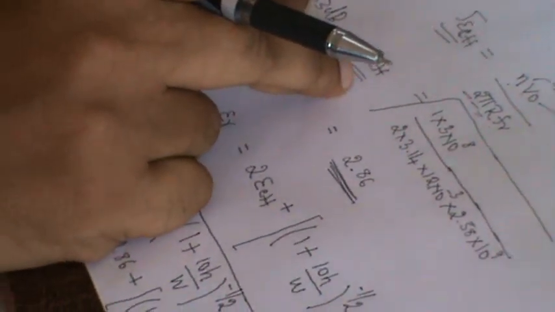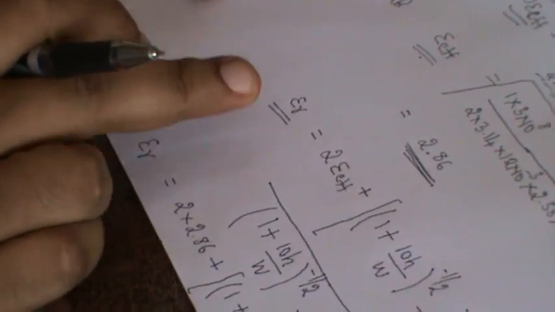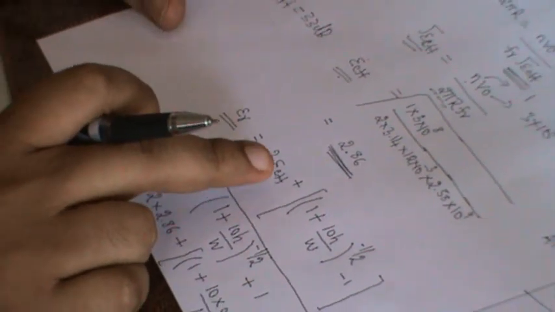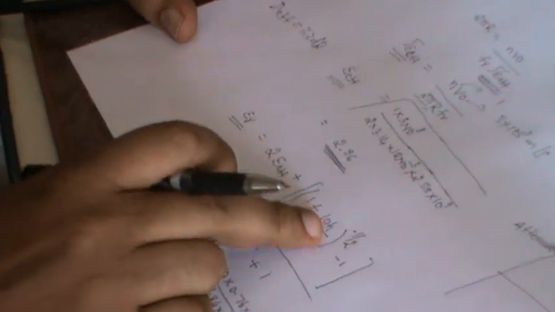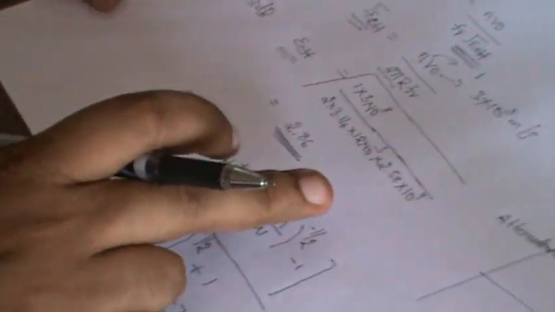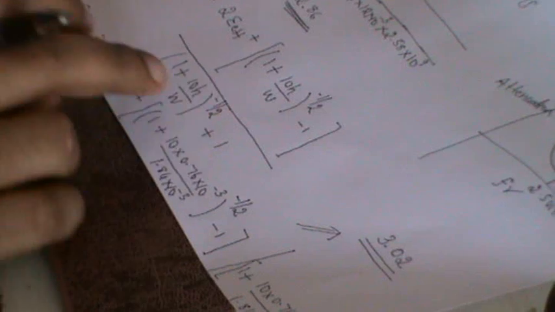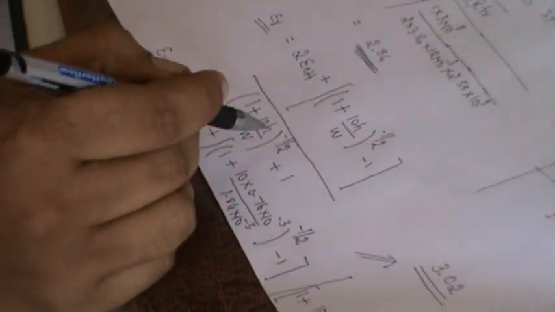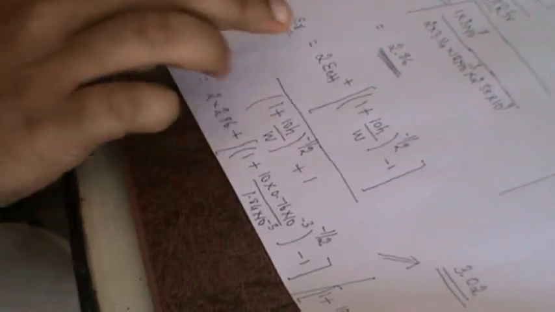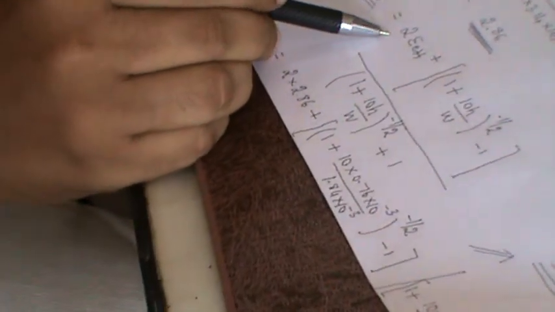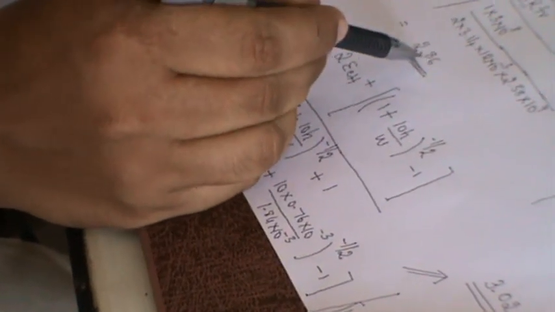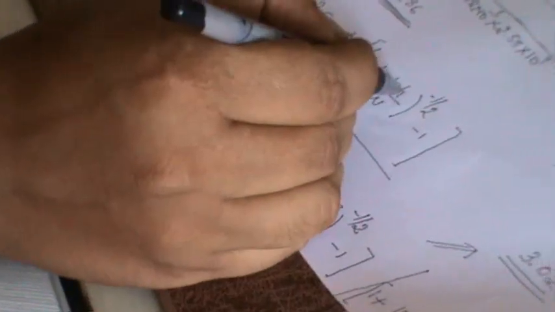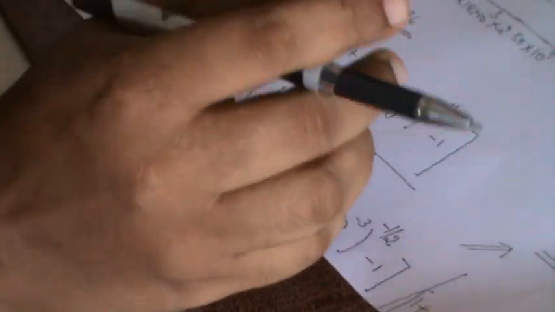Now from the effective dielectric constant, I'll calculate the dielectric constant. The dielectric constant is given by this equation: 2 into effective dielectric constant plus 1 plus 10H divided by W to the power minus half, minus 1 whole, divided by 1 plus 10H divided by W to the power minus half, plus 1. So I substitute all the parameters. 2 into the effective dielectric constant 2.86 plus 1 plus 10 into H. H is the height of the substrate.